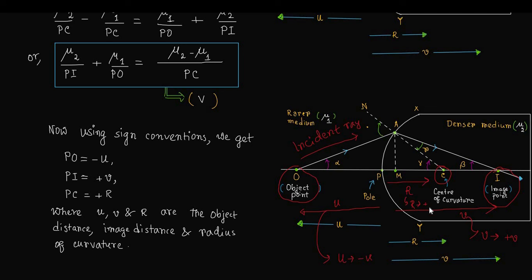That's why radius of curvature is denoted by plus R. Object distance is denoted by minus U, image distance is denoted by plus V, and radius of curvature R is denoted by plus R.